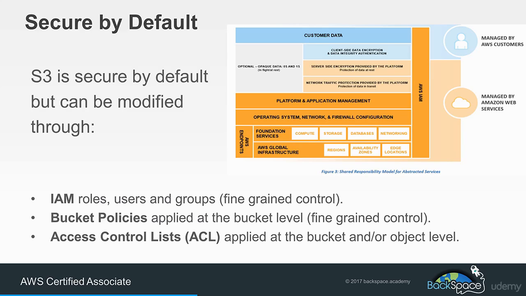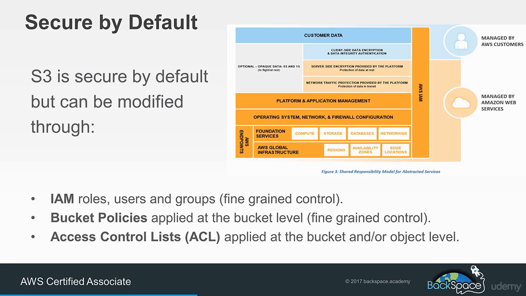So we can do that through IAM roles, users and groups, and that will be fine-grained control. So in our JSON file, or whatever we're using for IAM, we can get quite specific as to what we want and the details that we want around that. So it's fine-grained control.